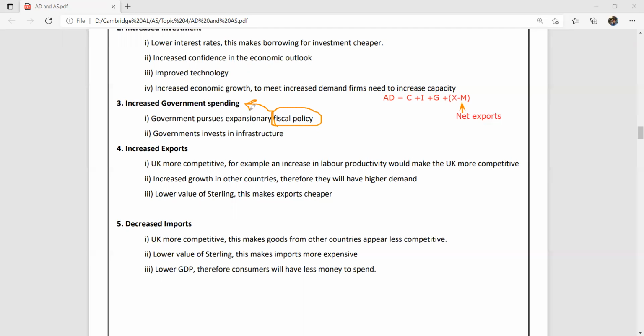So expansion means very high government spending than tax revenue. Expansionary fiscal policy means higher spending than tax revenue.